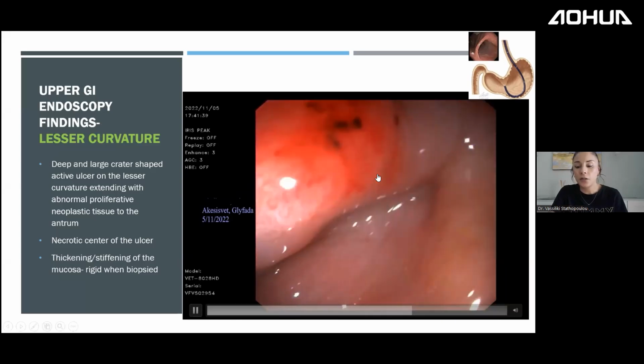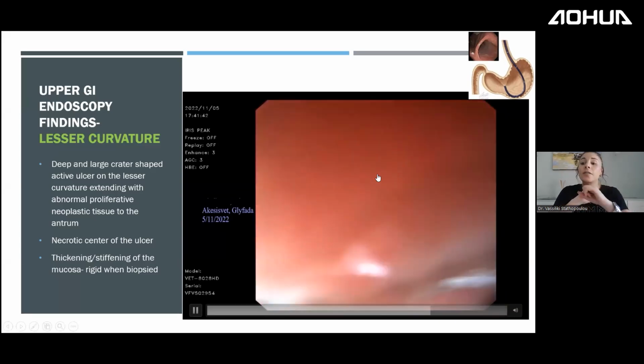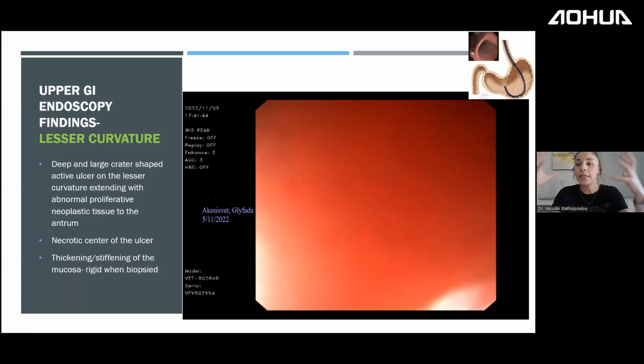Here as well, this is not normal tissue, and this works as a blockage. Why did we see that the stomach was distended and that we had such a huge amount of gastric content in the stomach? Because this ulceration and proliferation of tissue actually works as a blockage to the pylorus. So it's a mechanical obstruction.